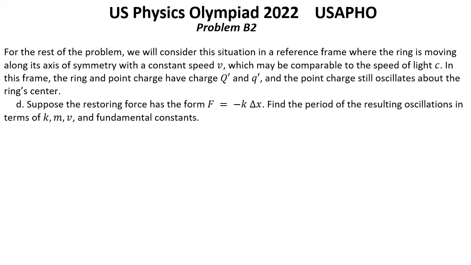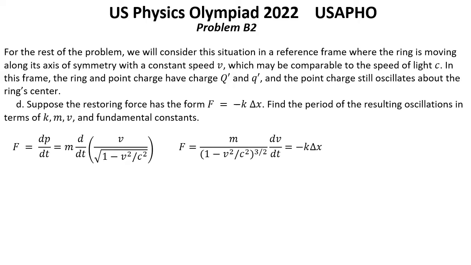By the definition of force given in the information below, we have force equals delta P over delta T, or M multiplied by the derivative of V over the square root of 1 minus V squared over C squared. Carrying out the derivative and simplifying gives us F equals this expression.